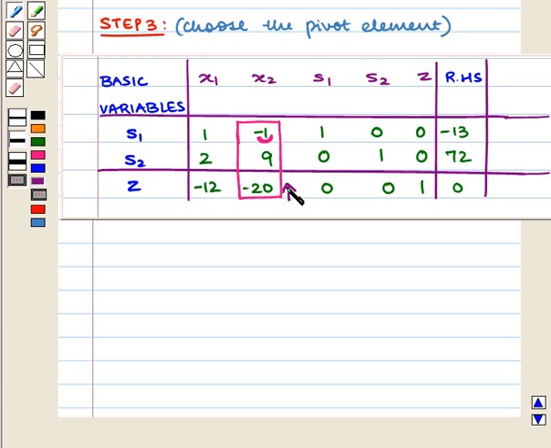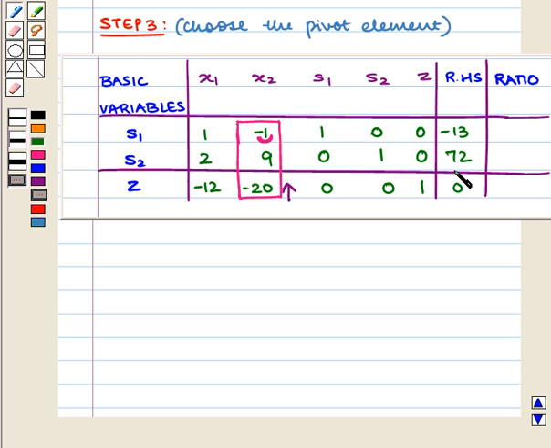Now to choose the pivot element, we find the ratio by dividing the elements of the rightmost column by the corresponding elements of the pivot column, leaving the last row entry. We have to choose only positive ratio.